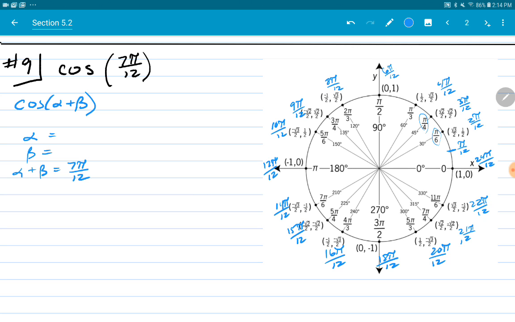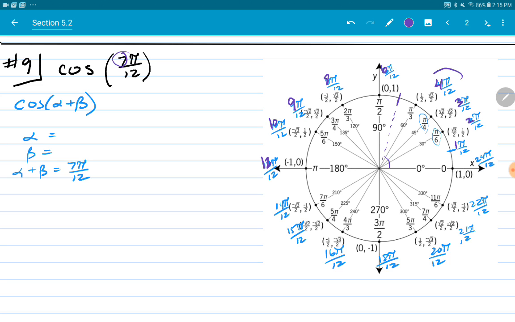So I kind of have an image in my mind highlighting how many 12ths of a pi each is. So this is 1/12, 2/12, 3/12, 4/12, 6, 7, 8, 9, 10, 11, 12. So I'm just thinking, what will add up to 7? So I get 7/12. Because notice 7/12 doesn't have a standard angle, that's why I don't know cosine and sine just by looking at the unit circle.